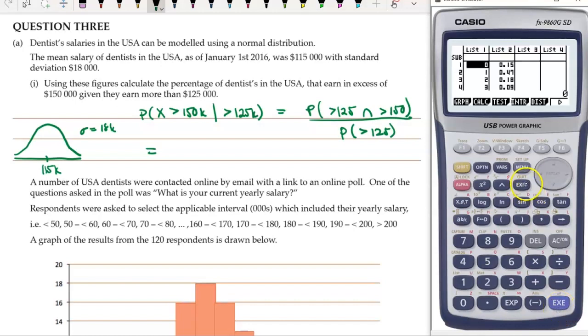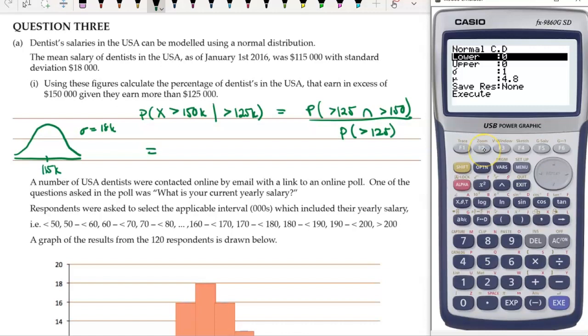So going out to our distributions, we're using normal, cumulative. Now for this first one, more than 150 and more than 125 is going to be satisfied by being more than 150. So we're just looking for being past that 150 line. So our lower limit is 150,000. Remember to put the thousands in now.